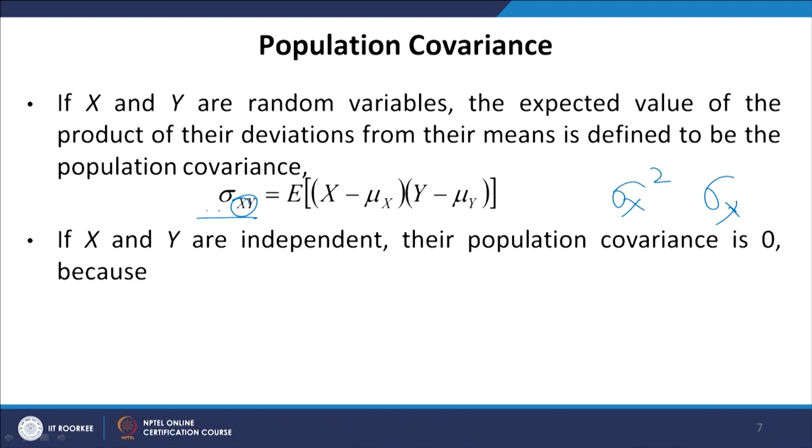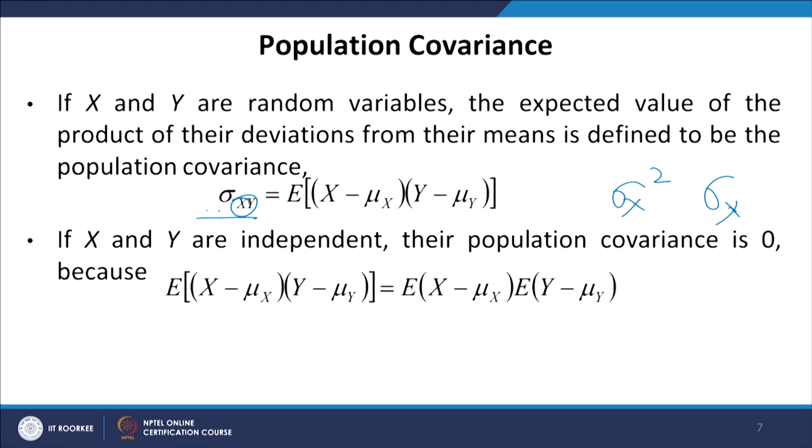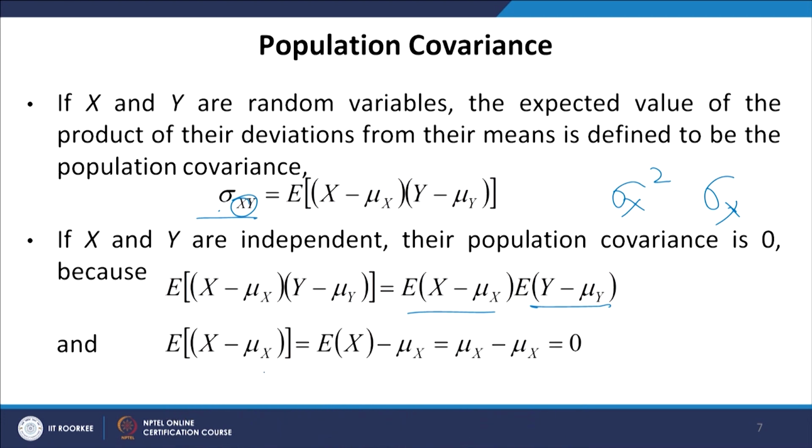If x and y are independent, their population covariance is 0. Now, you got to recall how independence was defined. So, if x and y are independent, then expected value of x minus mu x into y minus mu y can be broken into two separate multiplications, like expected value of x minus mu x into expected value of y minus mu y, and expected value of x minus mu x is actually expected value of x minus mu x, which is 0.